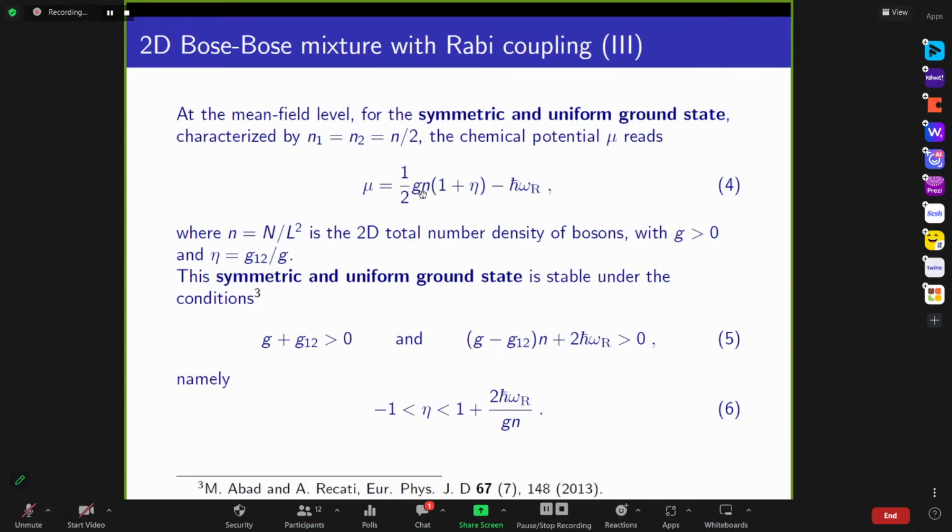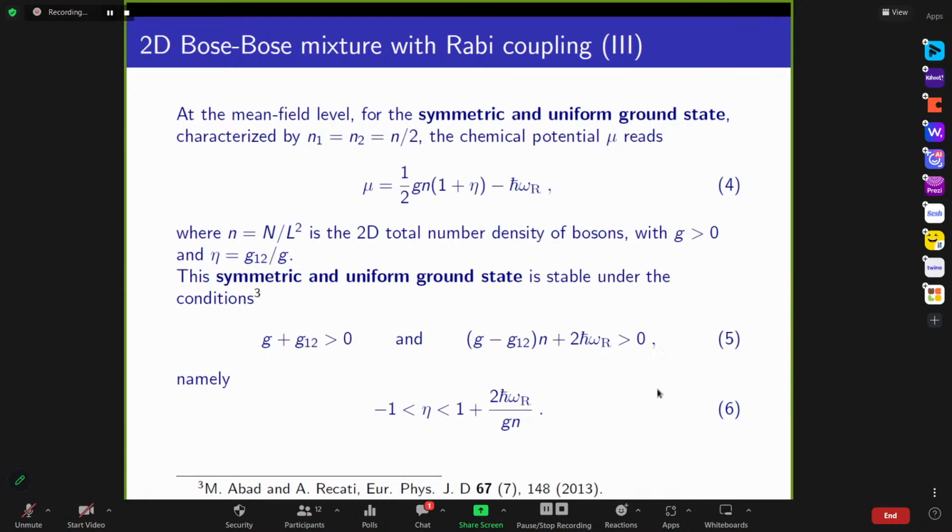In this equation, you will see that it appears G, that is the intraspecies interaction, but also eta, and eta actually is simply the ratio between the interspecies G12 divided by G.